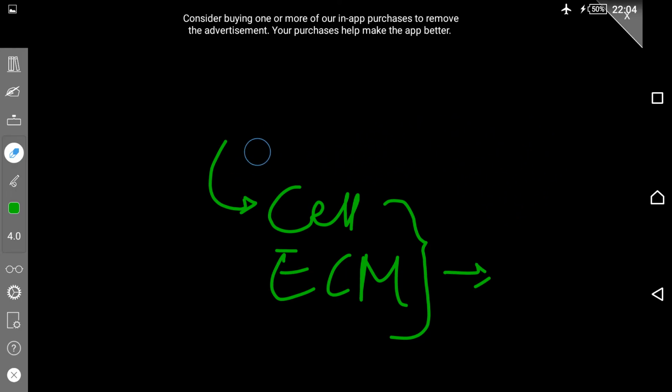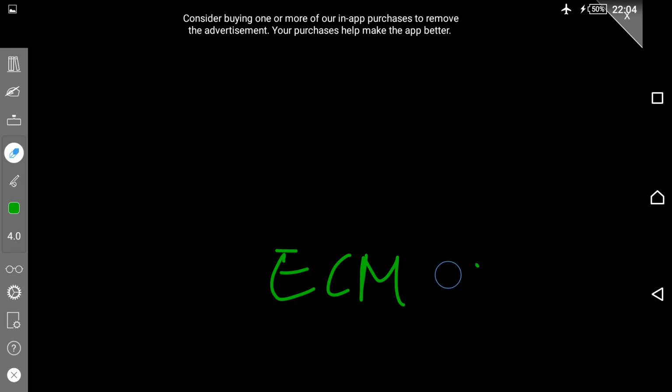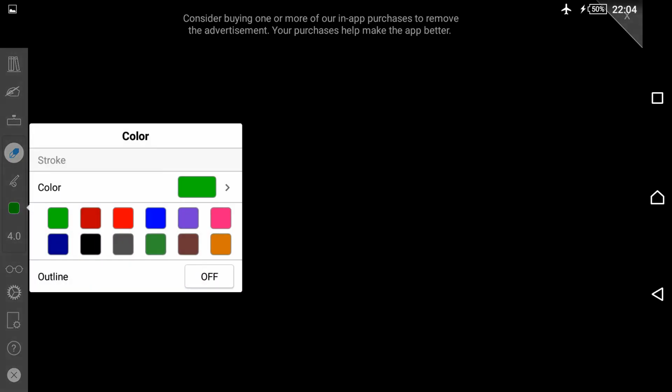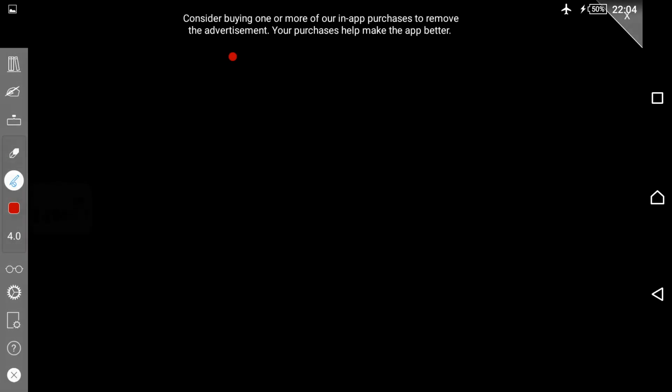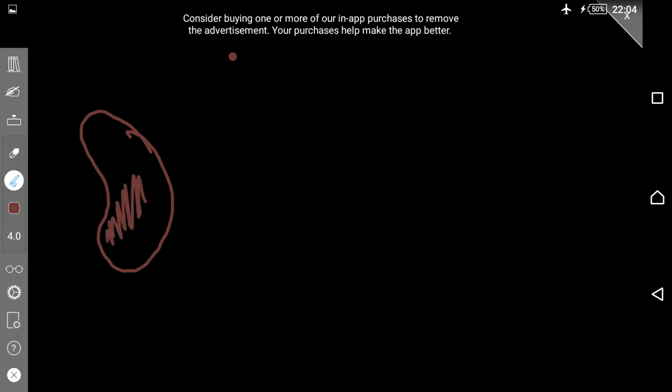Therefore, when we take a sample from a tissue, it doesn't matter what tissue it is, what part of the body that tissue is being taken from. Suppose we're taking this. Okay, thank you. Yes, I know I'm a good painter.